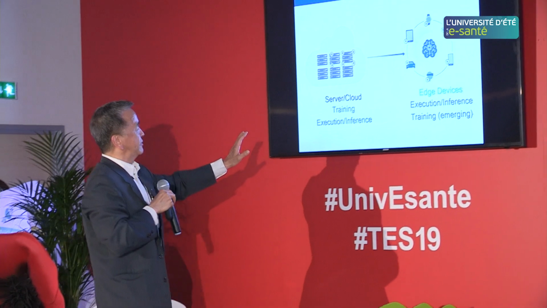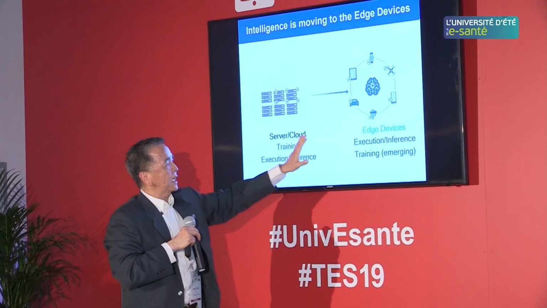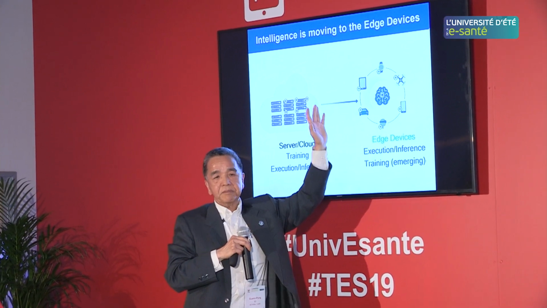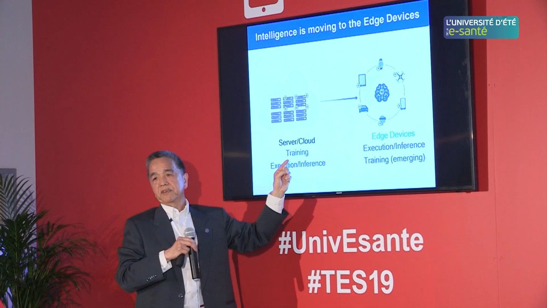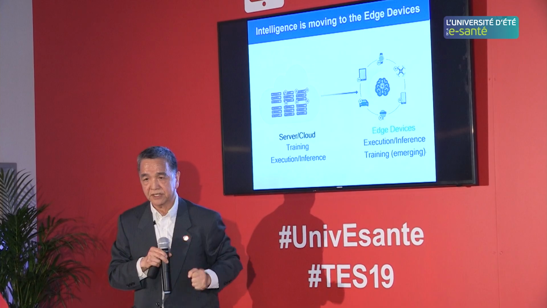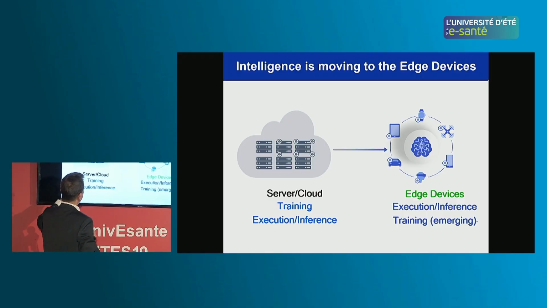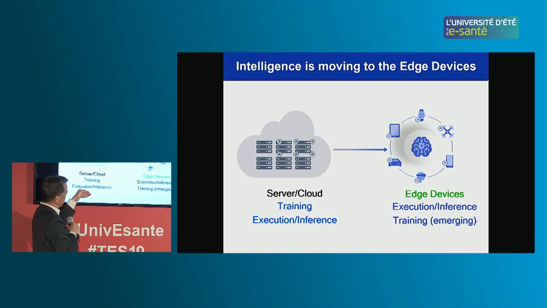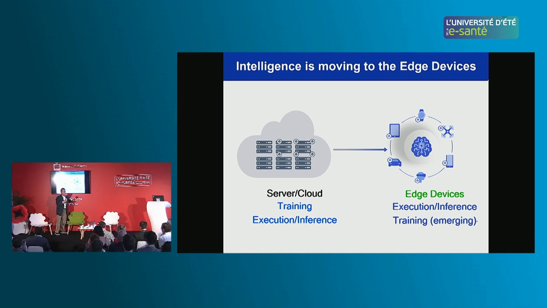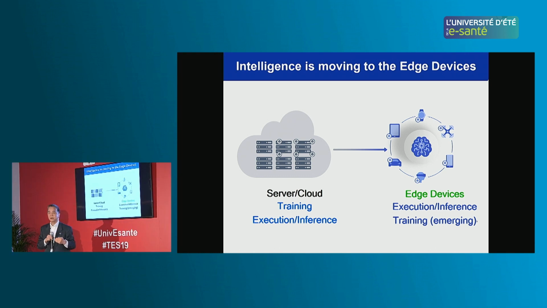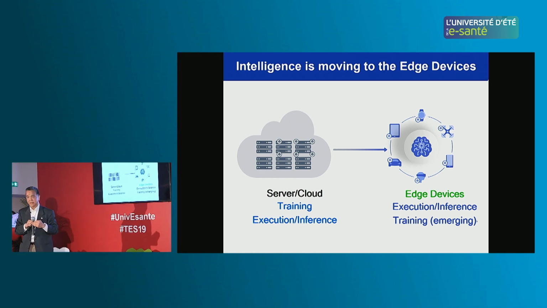This is a typical way when we are moving from the server cloud to the edge. The first step is typically in the cloud and the server: doing the training, like Peter just talked about. Then you can follow up with execution, inference. The edge devices cannot handle large data sets, right?